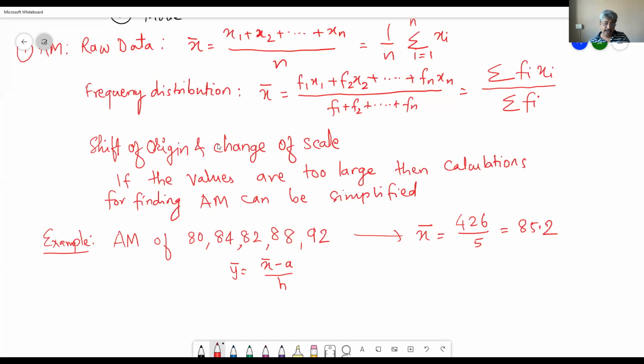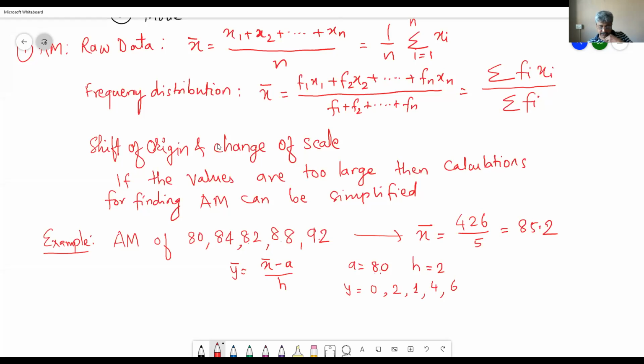Suppose a is equal to 80 in our case and h is equal to 2, then y is equal to: first case 80 minus 80 upon 2 is 0, second case 84 minus 80 is 4 upon 2 is 2, 82 minus 80 is 2 upon 2 is 1, 88 minus 80 is 8 upon 2 is 4, and 92 minus 80 upon 2 is 6.